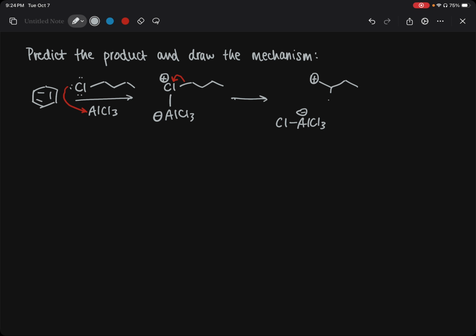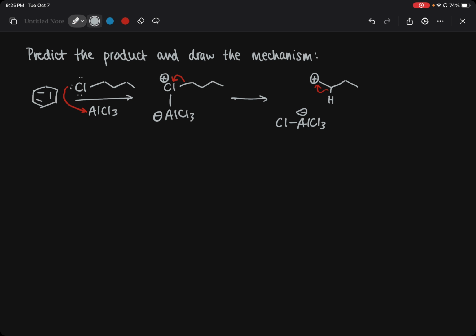So we can use this hydrogen atom right here. And essentially, we're going to move the positive charge over to the right one carbon. But the way we do that mechanistically is we take one of the hydrogens attached to this carbon that's going to be our secondary carbocation, and we move those electrons over to the carbon with the positive charge.